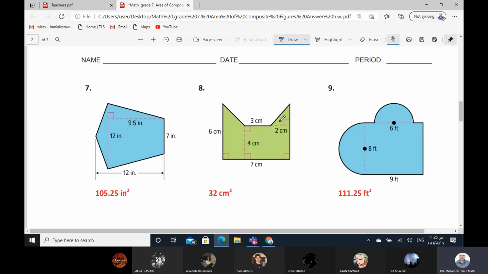So find the area of triangle, the area of rectangle, the area of trapezoid, then you can add to find the total. Here you have semicircle, here we have semicircle, and here we have rectangle. So add the three areas to find the composite figure.